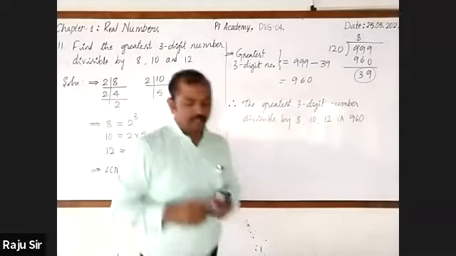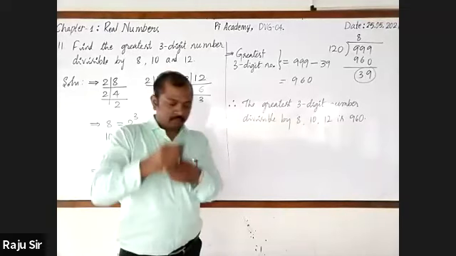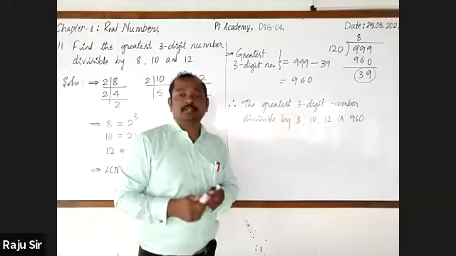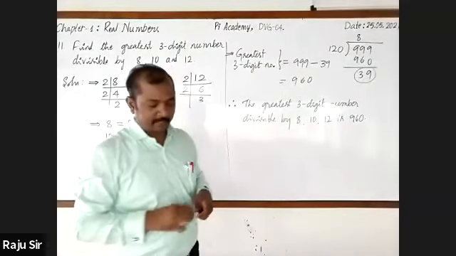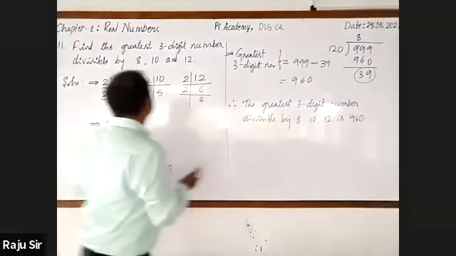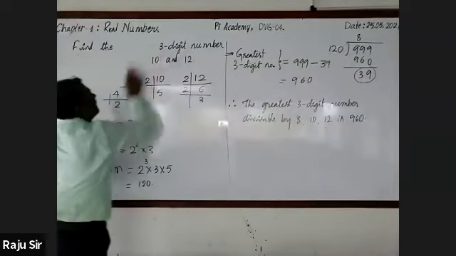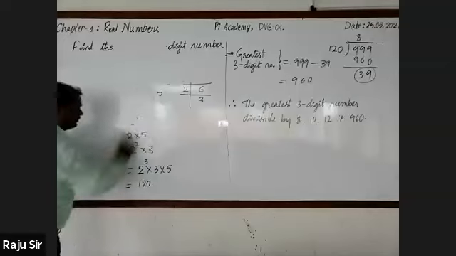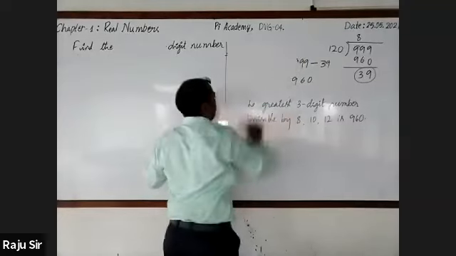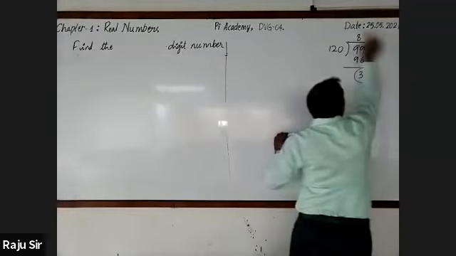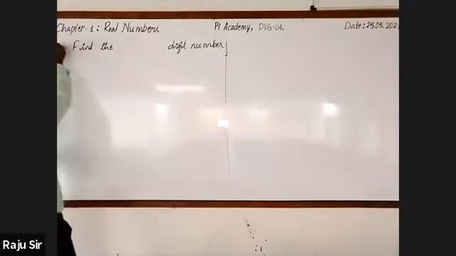Hope you have copied. Now let me go for taking another example. But this time we are going to find the smallest four-digit number. Right. Now it is 12.